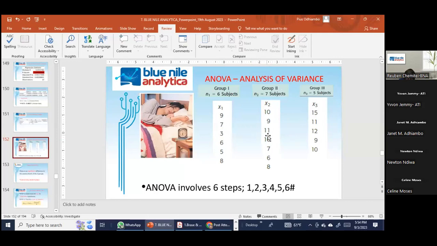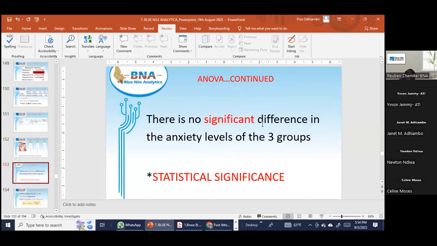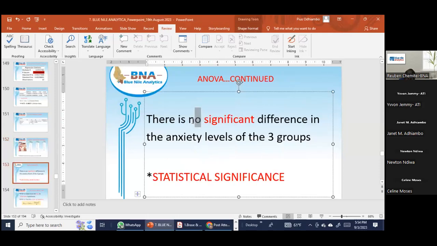And at the end of the day, we will see if there is significant difference or no significant difference. That's why it's called null, because it has the word no. Another word for no is null. So there is no significant difference in the anxiety levels of the three groups.